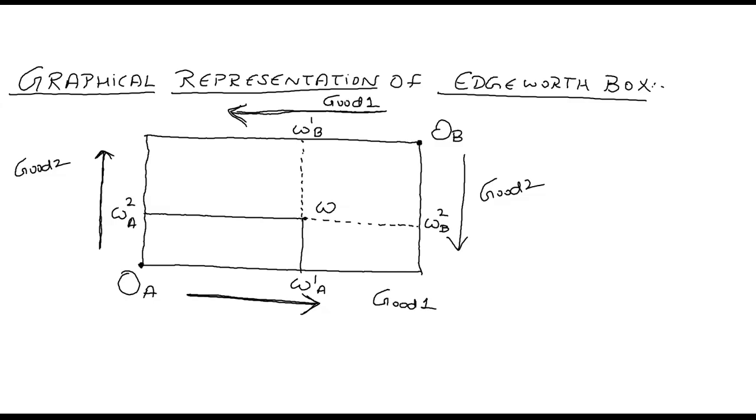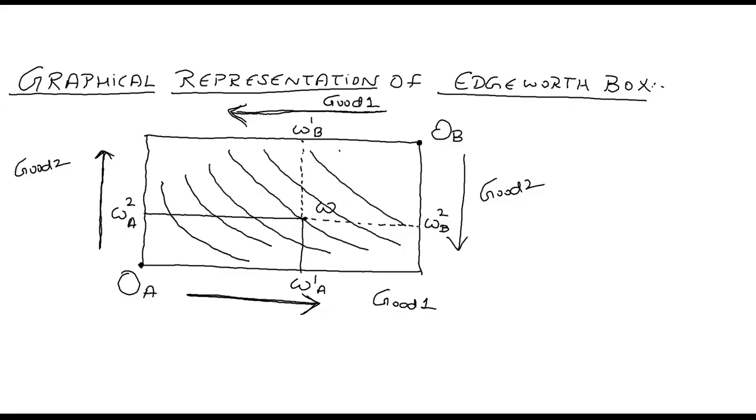A's indifference curves will be like this, convex to the origin from A's axis, and I can draw a lot of indifference curves. Obviously, one particular indifference curve will pass through the endowment also. These are A's indifference curves, a family of A's indifference curves, right?